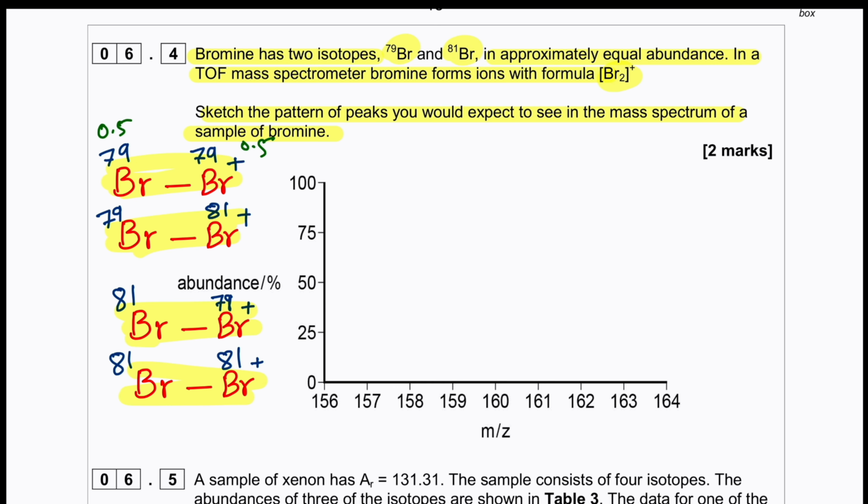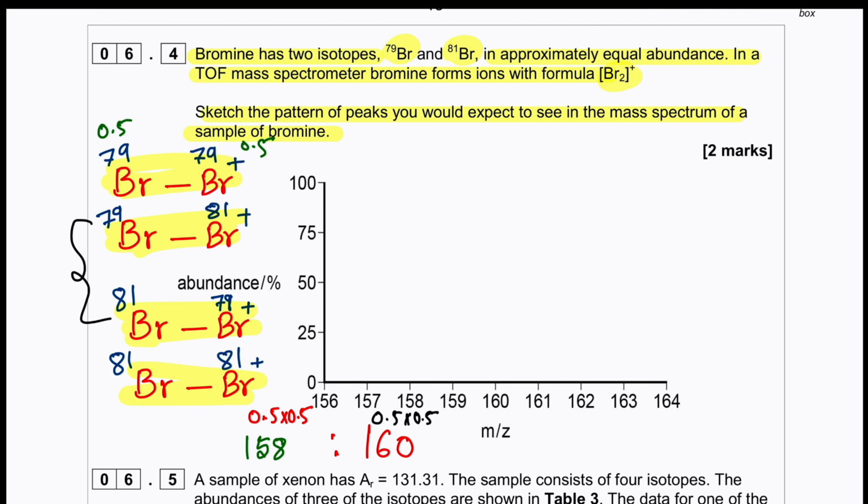So bromine 79 and 79 would have a mass of 158, with a chance of 0.5 times 0.5, in ratio with the mass of 160, which would have a chance of 0.5 times 0.5.